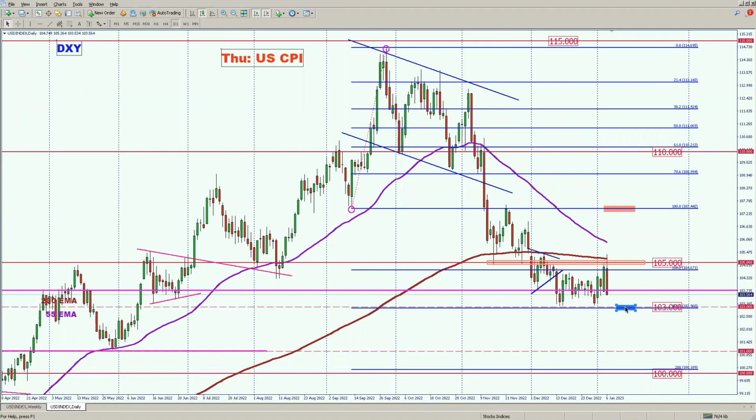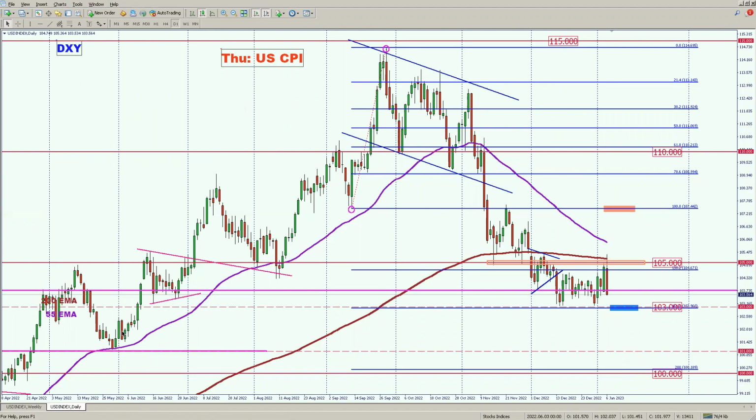All right, so this is the critical support now at the 103. If that support is broken, then the next key one is going to be at the round figure of 101, just above the 100.